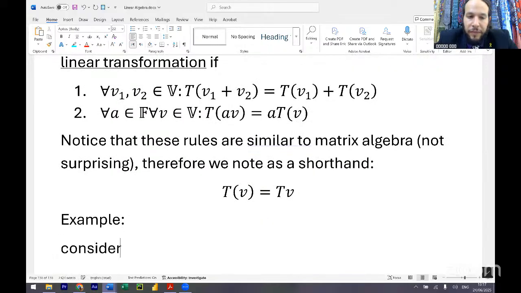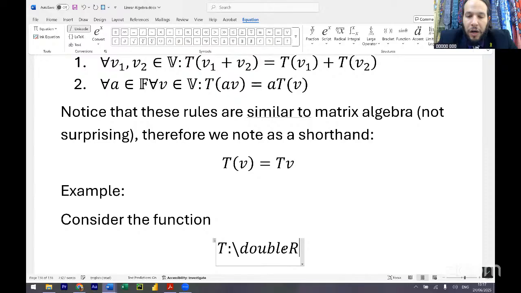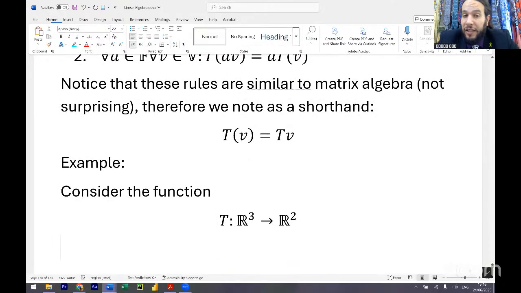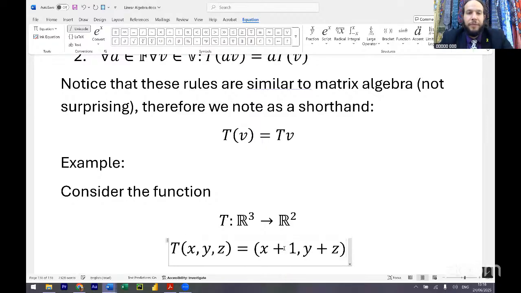Consider the function T from R cubed to R squared. This function gets as input, the domain is vectors from the three-dimensional space, and the output are vectors from the two-dimensional space. And I need a formula such that T of (x, y, z) is (x plus 1, y plus z).